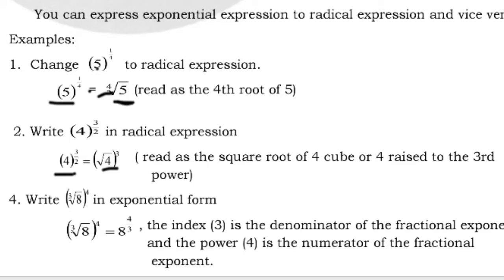Now, since the numerator is 3, this is the exponent of 4, supposedly. So we're going to have your answer as square root of 4 cubed, or square root of 4 raised to the third power. They are just the same.